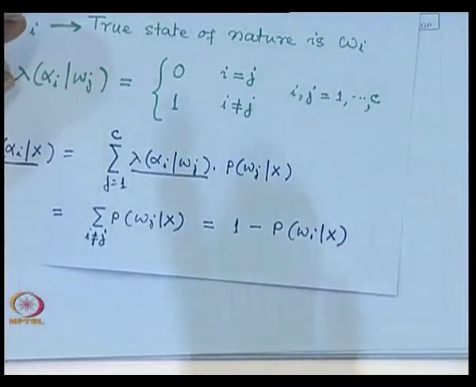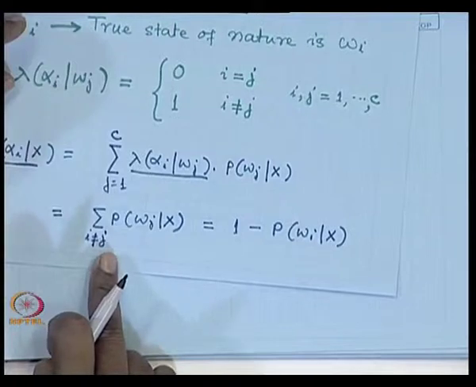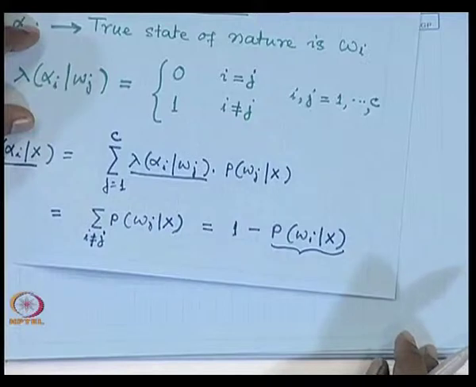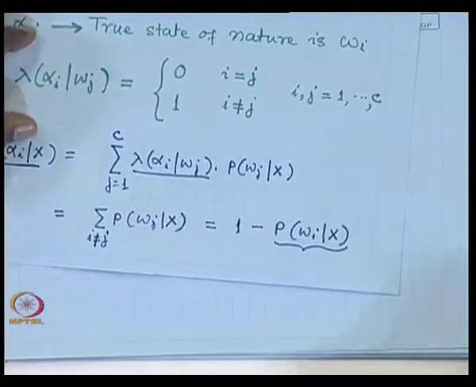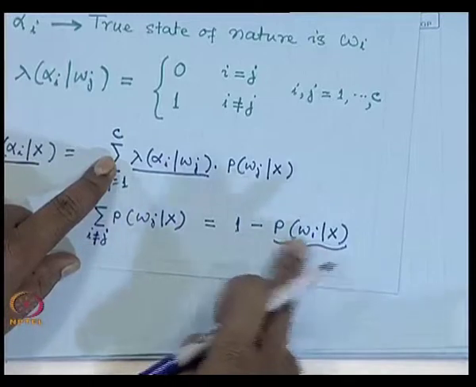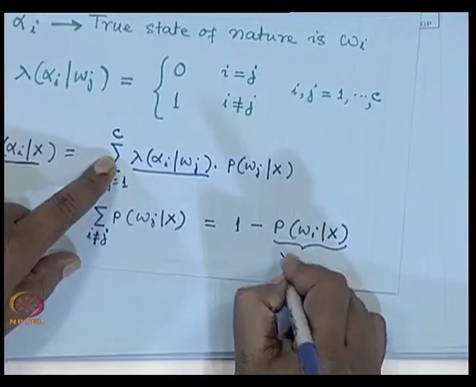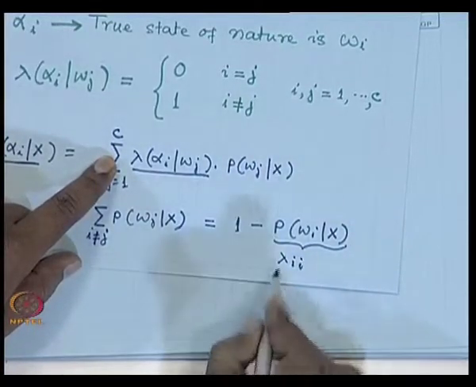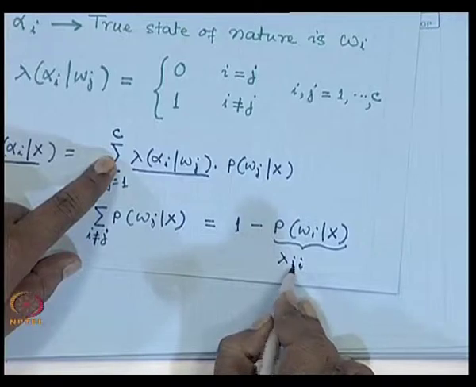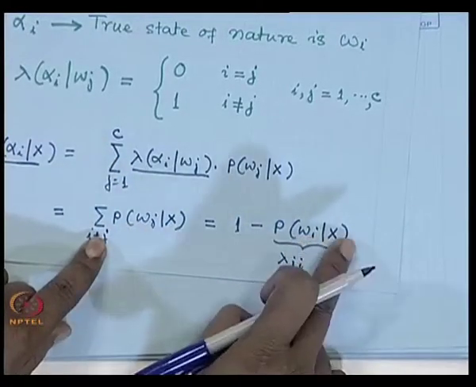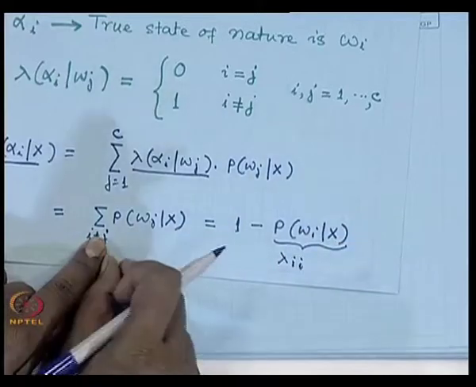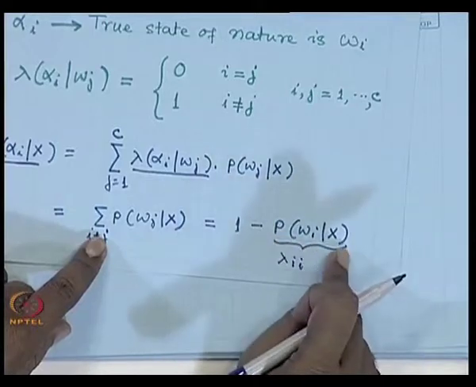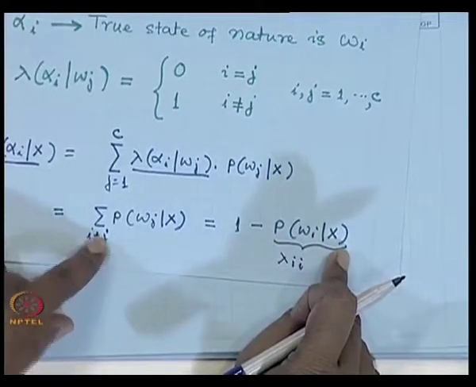Lambda alpha I given omega I is 0. That is why the term is absent from here. Here we are taking this probability p omega I given x, which is not 0. But in this expression, this p of omega I given x was to be multiplied by lambda I, and this lambda I is 0. That is why the term corresponding to this is absent. It is only because of this. P of omega I given x is not 0.